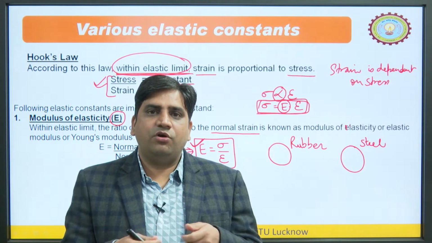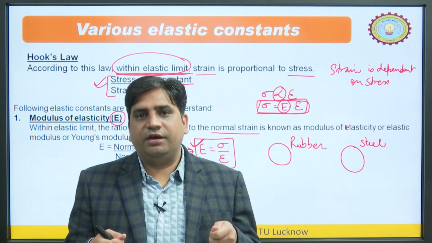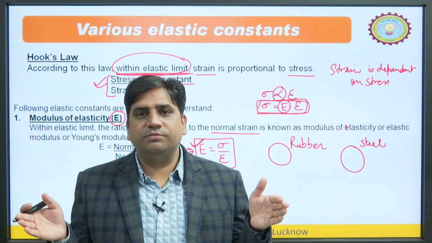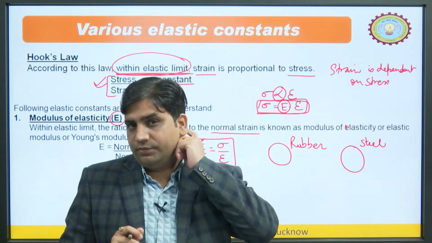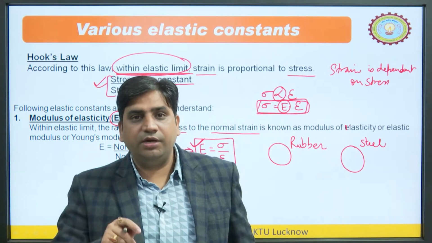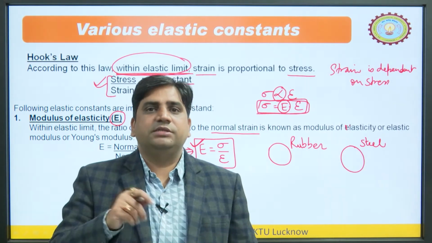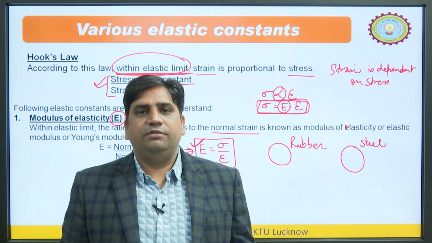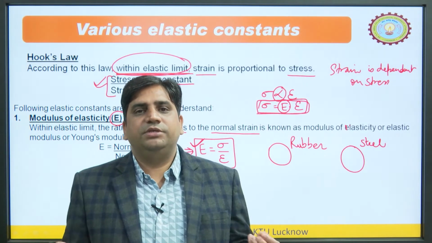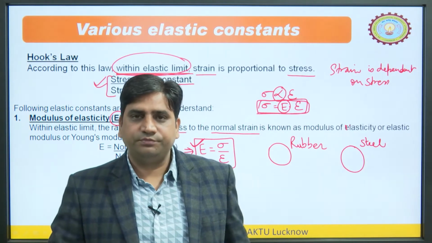If we stretch a steel wire and release it, it comes quickly to the original shape as compared to a rubber band. So the rubber band is less elastic than steel. In practice we think elastic means something which can be stretched, but that definition is wrong.